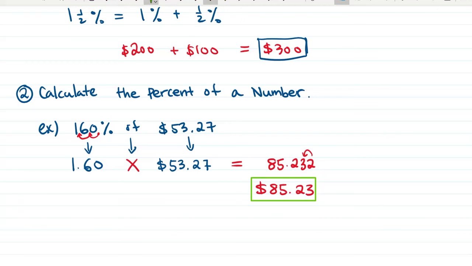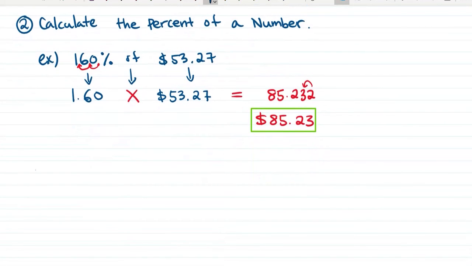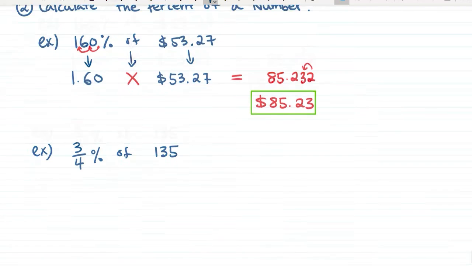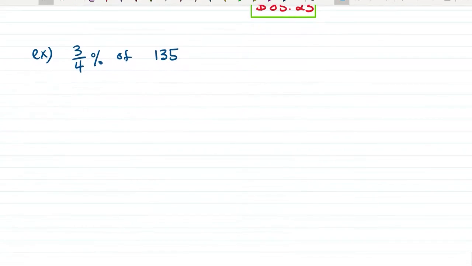Let's try the next one. What if you have a fractional percent? 3/4% of 135. So same thing. It's better to have a decimal value. So we're going to change that 3/4 into decimal form.